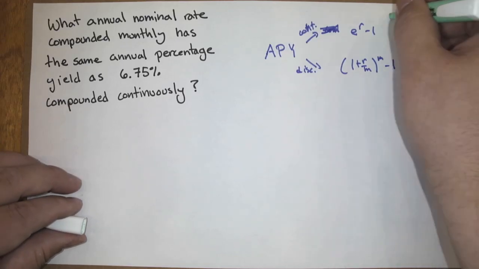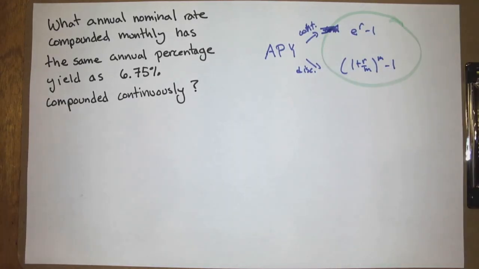We need both. Because what are we trying to do? We're trying to compare two things. We're saying, hey, one thing is compounded monthly, one thing is compounded continuously, but I want the same annual percentage yield.